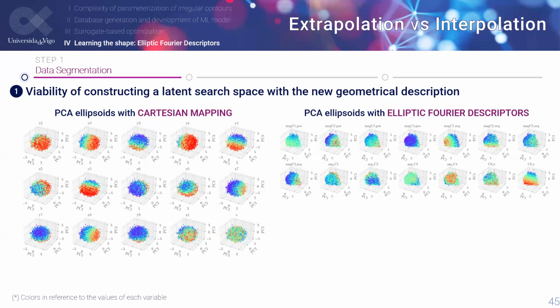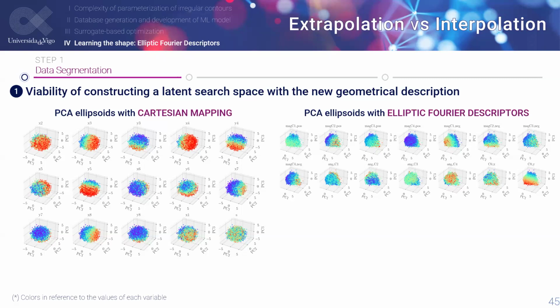And to move towards measuring the effect of these elliptic Fourier descriptors, first we tried, and this is something that we also did at the beginning, and it's kind of common sense: let's try to find a latent space by combining these 15 parameters that I have and see if I can represent the original search space in a more efficient way.